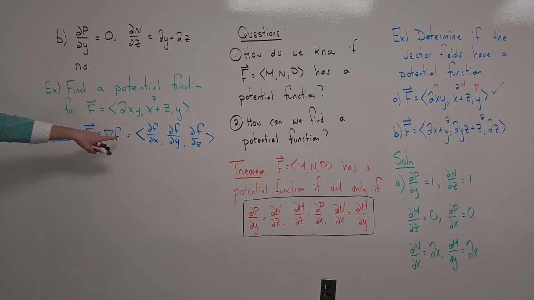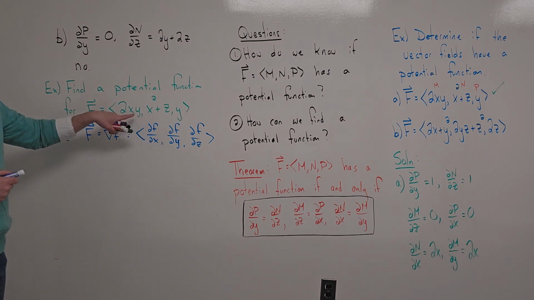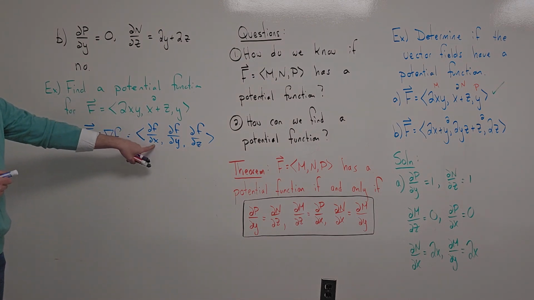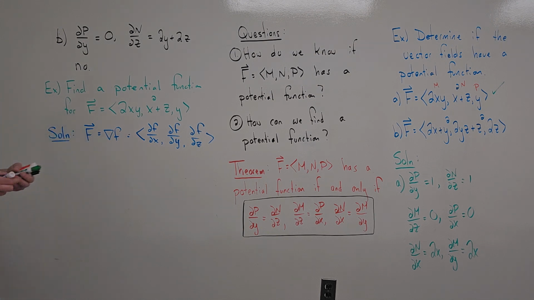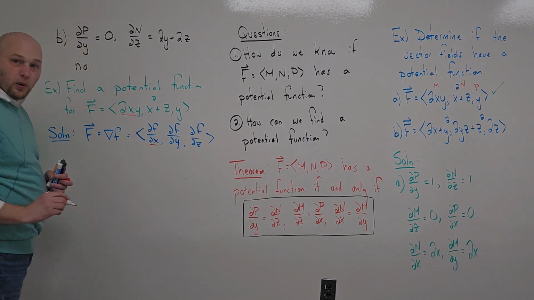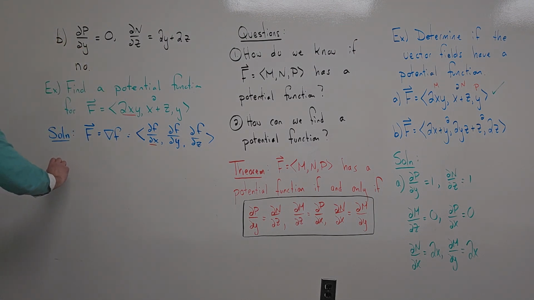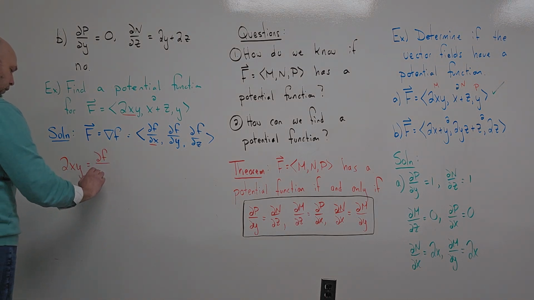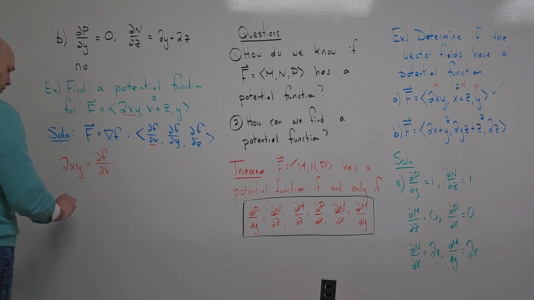If the vector field is equal to this, that must mean that the 2xy is the partial of f with respect to x, for example. So that's our starting point, to set this component equal to this component. Okay, so we have 2xy is equal to the partial derivative of f with respect to x.